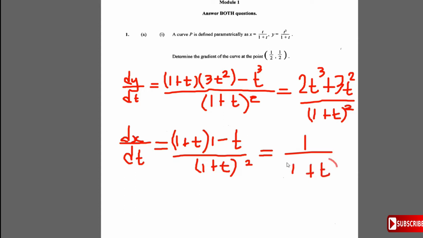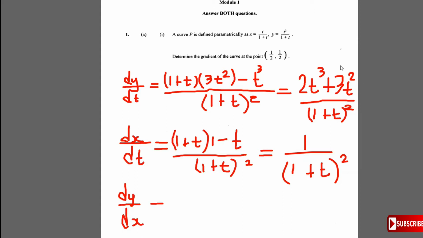So now we may proceed to find dy/dx. As we know, dy/dx is equal to dy/dt times dt/dx.